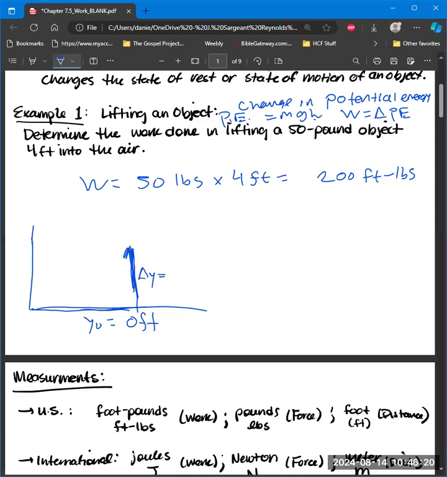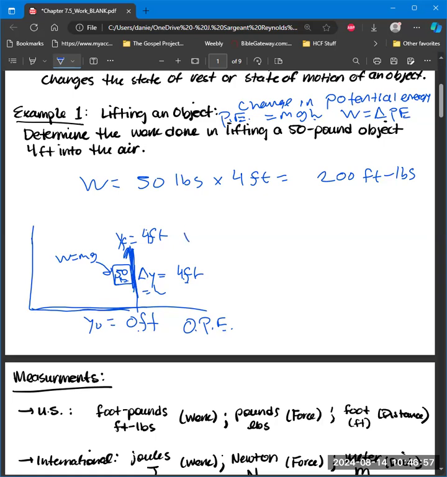Delta y is 4 feet, so its y f is 4 feet, and this was a 50-pound mass, so your delta y was a positive 4 feet, and so your weight is mg, your h is right there, and you had 0 potential energy down here when you were at 0 height.